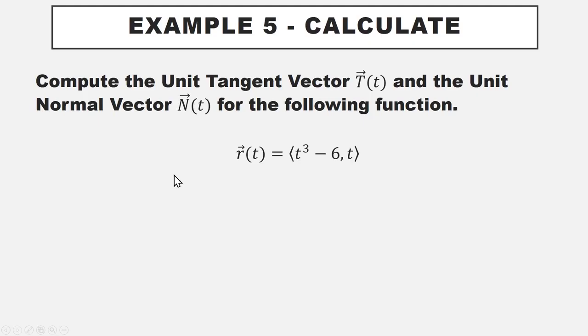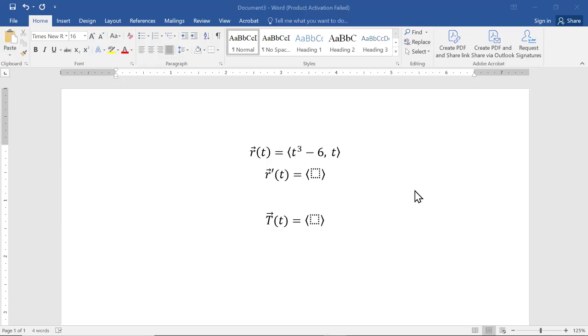So let's compute the unit tangent vector and the unit normal vector for the following function. We have the vector valued function r of t, which is t to the third minus 6, comma, t. All right, so the first thing I have to do is to find the unit tangent vector.